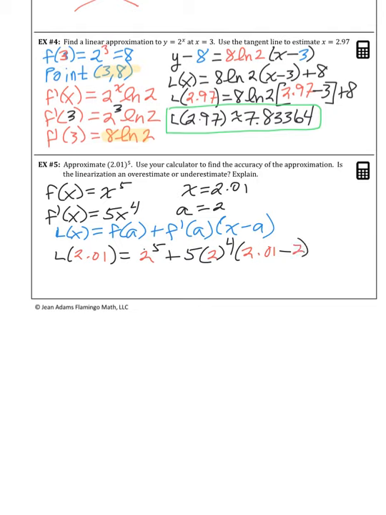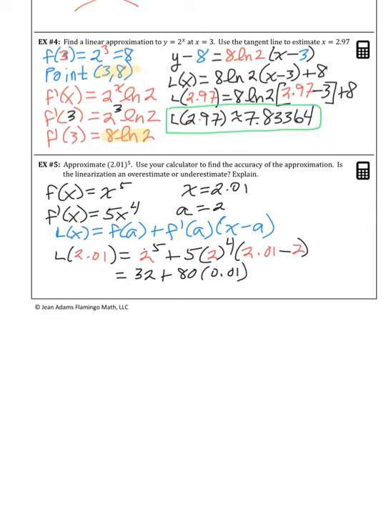Okay, so I get 2 to the 5th is 32, plus, you have to raise this to the power first, right? So 2 to the 4th is 16, and then 16 times 5 is 80. So then this becomes 80 times 2.01 minus 2, which is 0.01.